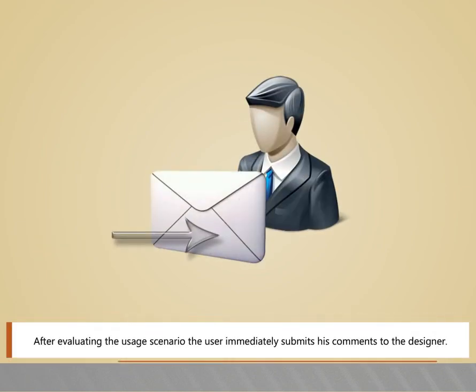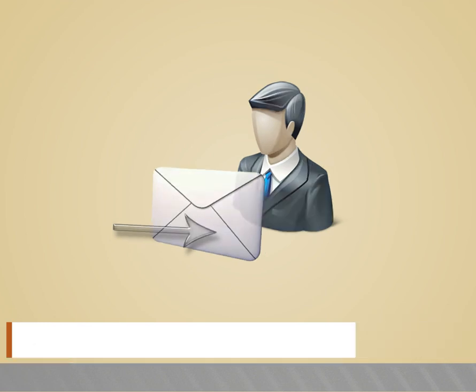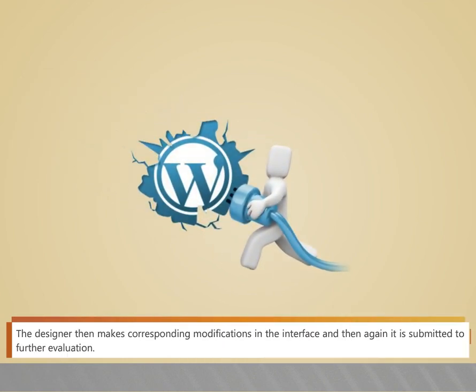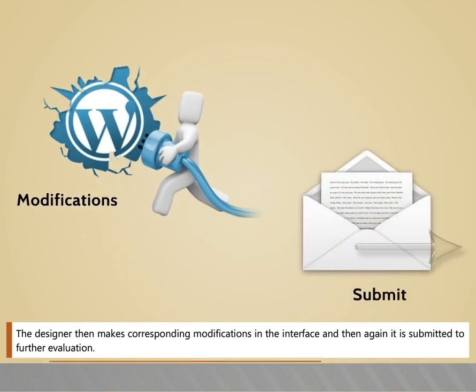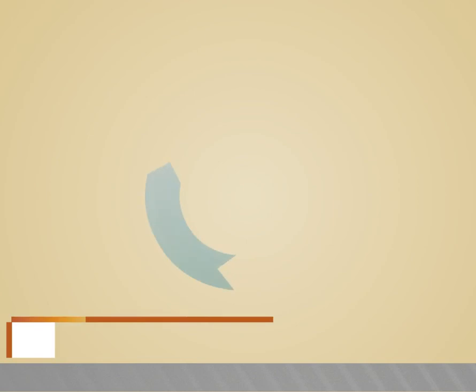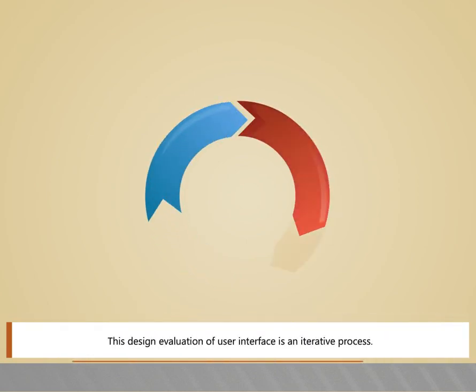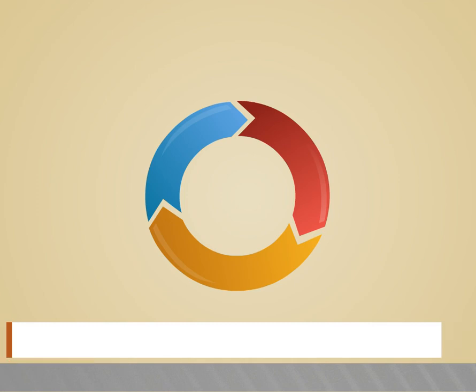After evaluating the usage scenario, the user immediately submits his comments to the designer. The designer then makes corresponding modifications in the interface, and then again it is submitted to further evaluation. This design evaluation of user interface is an iterative process.